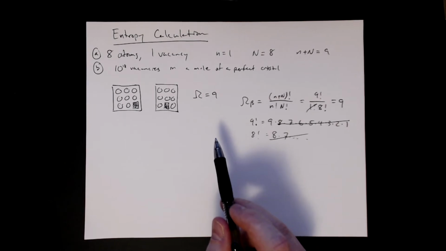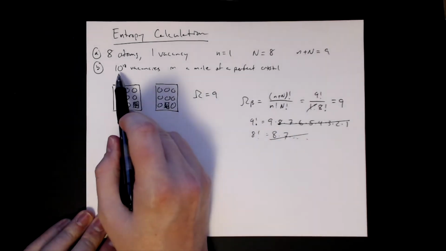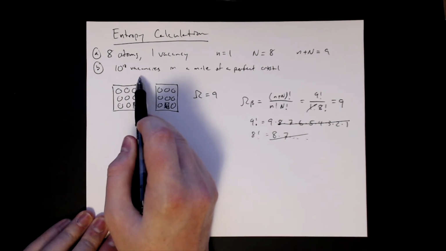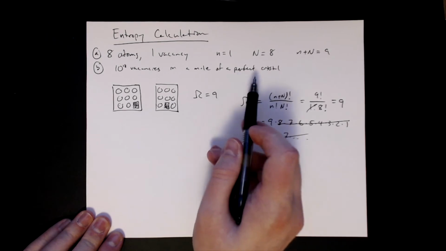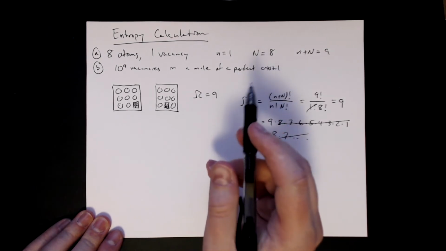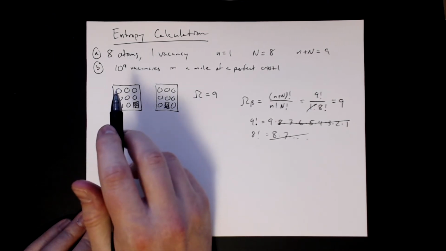All right, so let's look at the next portion. So we wanted to look at 10 to the 18 vacancies in 1 mole of a perfect crystal. So in this one, it wants us to look at the change in entropy.